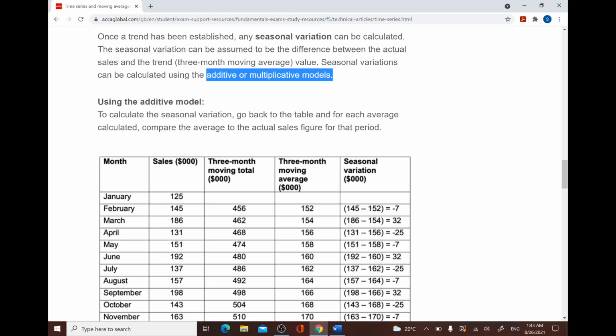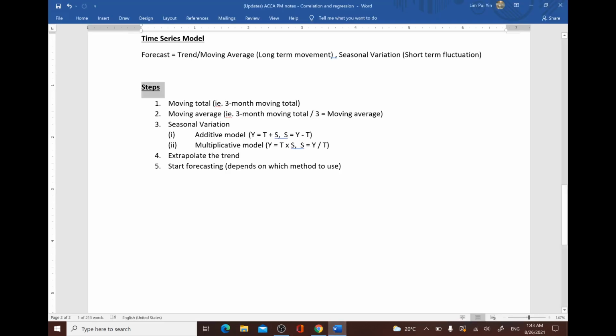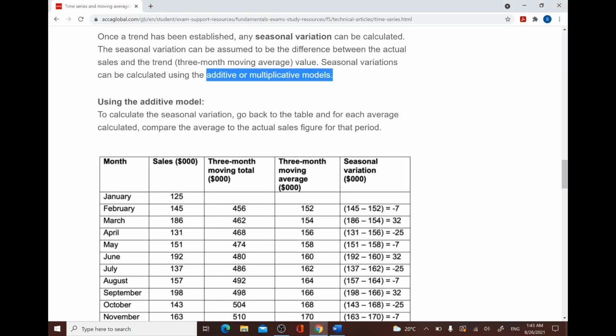Multiplicative, that's Y equals T multiplied by S. So it's exactly like what I've mentioned just now. So remember, if it's additive, to calculate seasonal variation, make sure Y minus T. But if it's multiplicative, you have to take Y divided by T in this case.